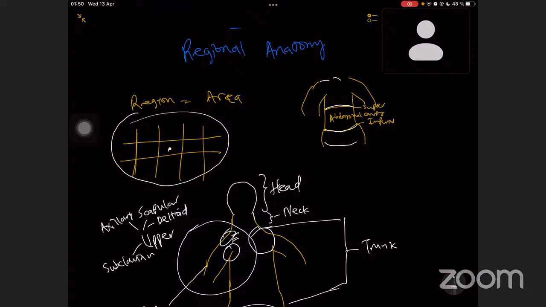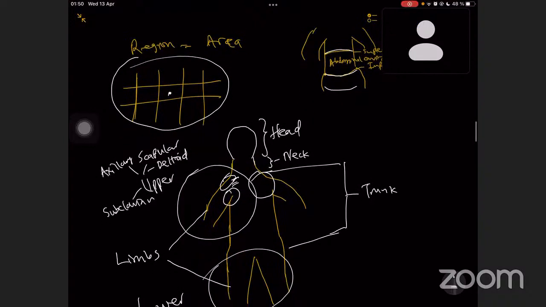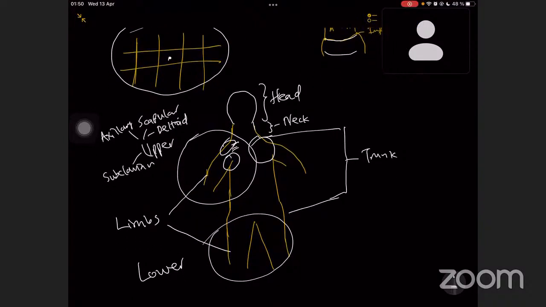And so the region of the body is an artificially marked area on the surface of the body, and within the limits of that area, you have the topography of deep anatomic structures. For example, you have different regions within modern anatomic nomenclature, in which you can immediately see the side of the body that is being considered.